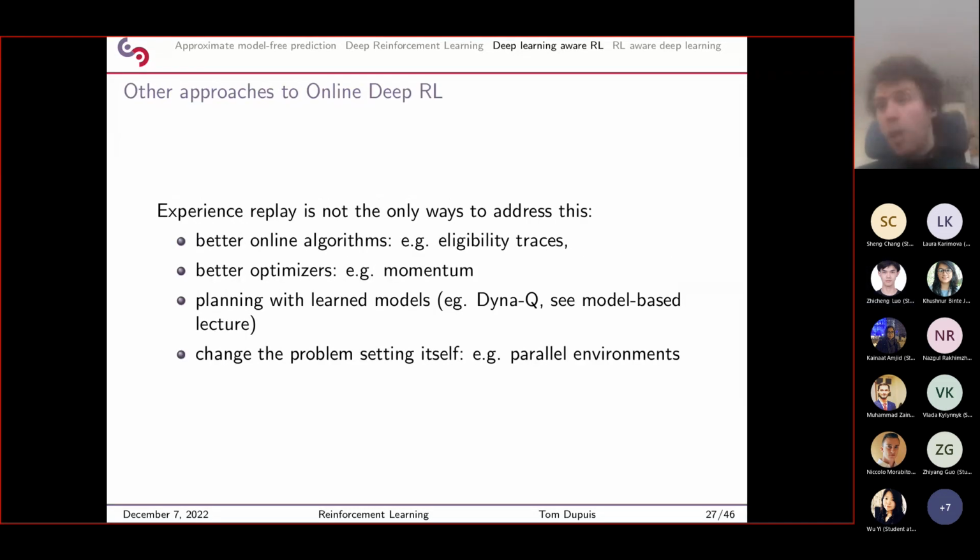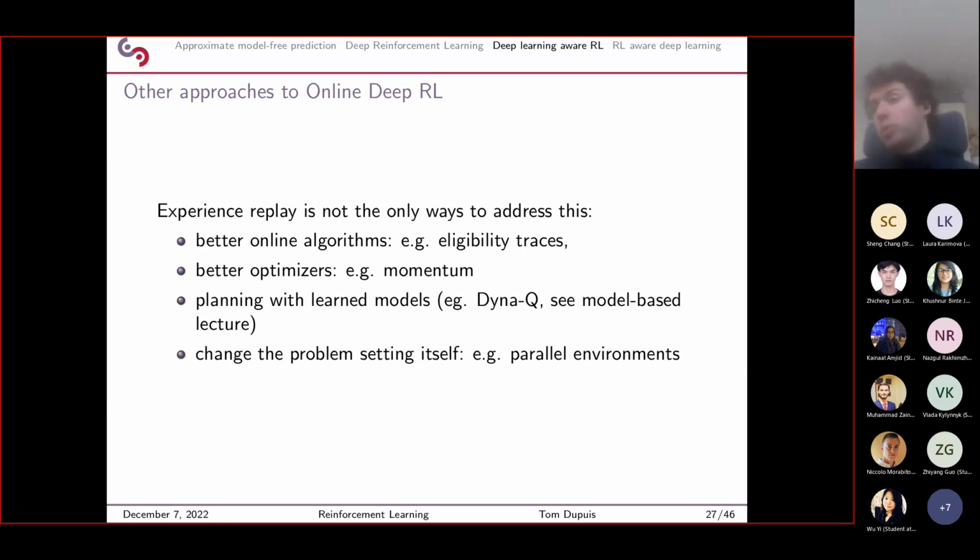But there are other ways to address the two problems of correlation and non-stationary targets. We can derive better online algorithms, for example what are called eligibility traces, which are complex notions and not in the scope of this course.